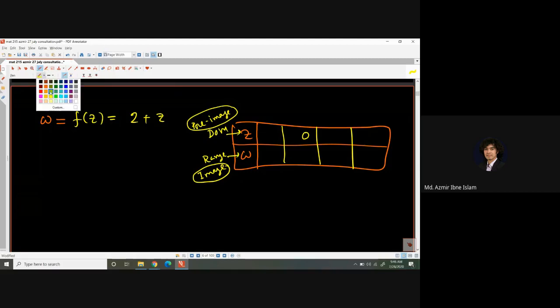So here you can see z is the input. If we input 0, what will be the result? w will be 2 plus 0, which is 2. So we are inputting z first, then we are getting w. If we input 1, then we will get 2 plus 1, which is 3.